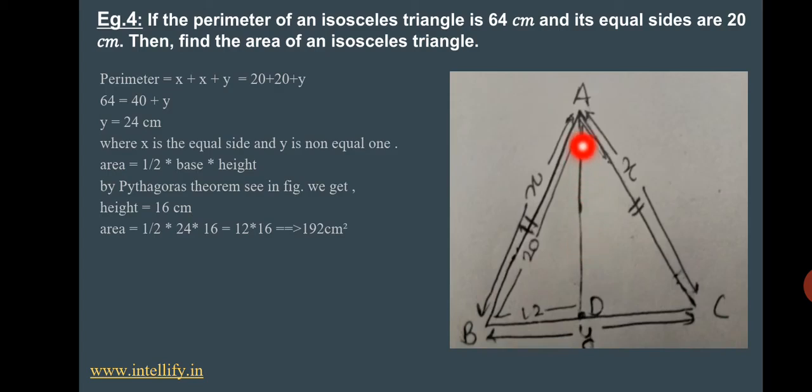We get very easily AD is 16 centimeter height, and area is half base, which is 24 centimeter. Y is equal to 24 centimeter, half base is 24 and height is 16, and we get 192 centimeter square.